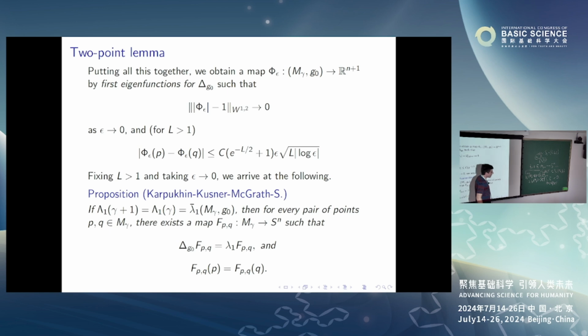So let's think about that. Let's go to S2 first. We already know that the strict inequality holds in that case, but let's go to S2. For S2, the only sphere-valued maps by first eigenfunctions are exactly the totally geodesic embeddings. So in particular, not only will we not find maps identifying every pair of points, but we can't find maps identifying any pair of points, right? You only have embeddings, so you can't identify distinct points.